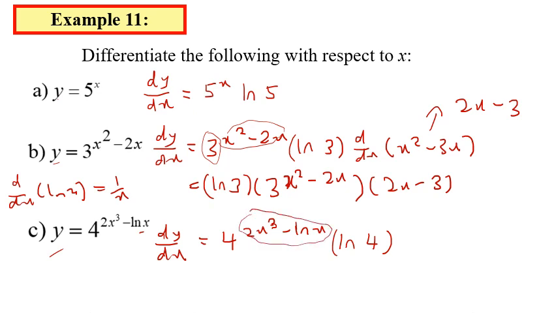This time I don't need to write it out like in the second example; we straight away differentiate and get 3x squared minus 1 over x. We can just leave the answer like that, no need to rearrange. That's the answer for question C.